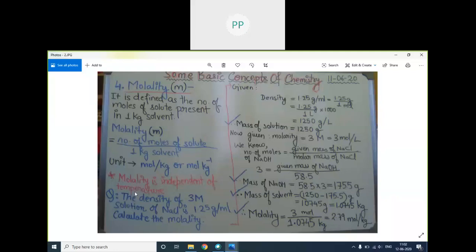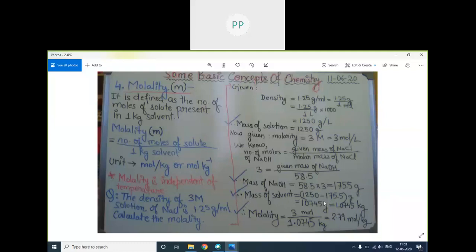Now you see what we need for molality. Solvent mass we need. So solution mass we have calculated. Mass of the solute we have calculated. So what will be the mass of solvent? We know solution equals solvent plus solute. So solvent mass will be solution mass minus solute mass.